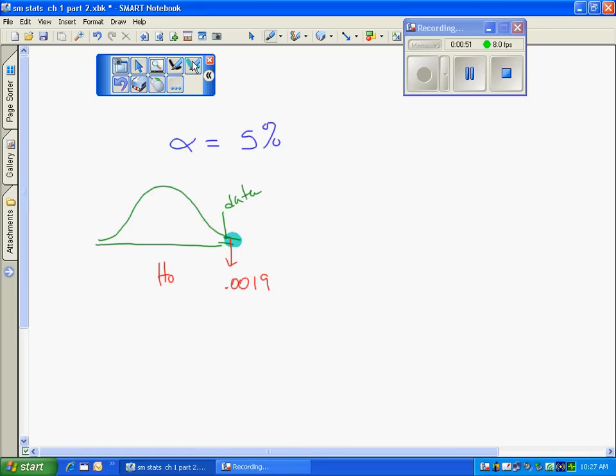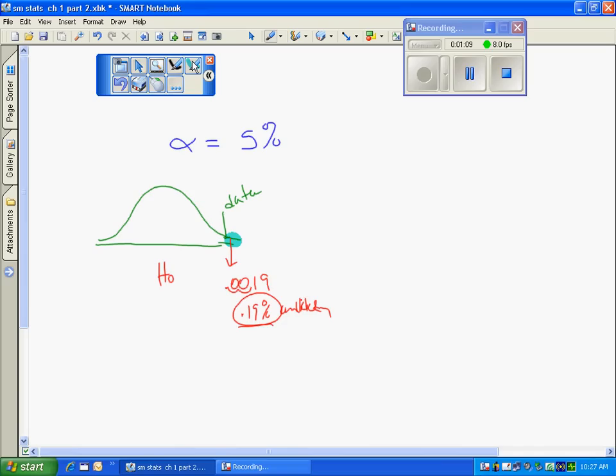It really doesn't matter what that data value is for my evidence, but I find that it's only going to happen less than 1% of the time. That's pretty unlikely.